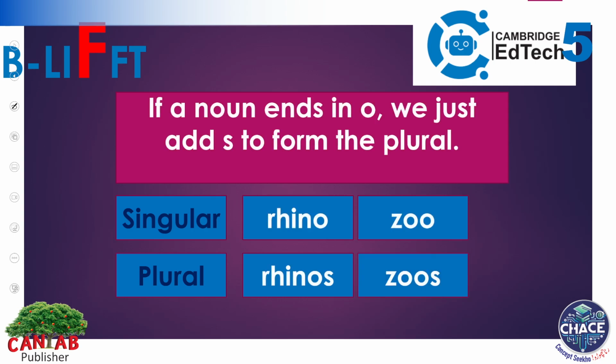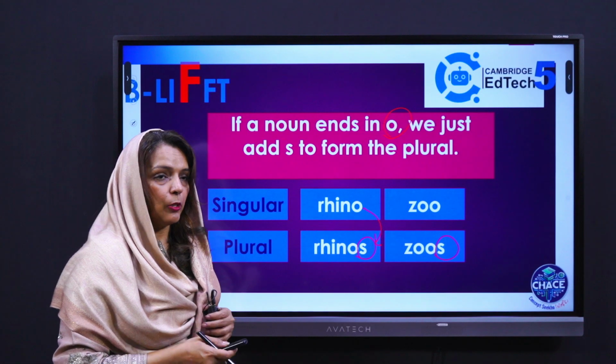Now, there are certain nouns which end in o, and you only have to add the letter s at the end to make it plural. Rhino in this case converts into rhinos when you convert the singular noun into a plural one.